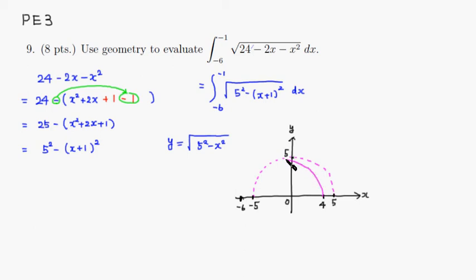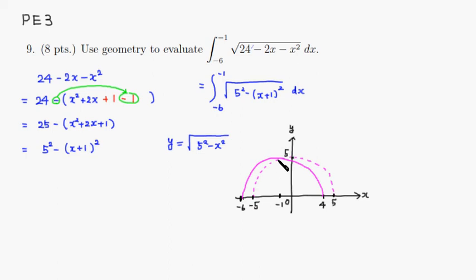It's going to look somewhat like that. Then the integral is from -6 to -1, so -1 is going to be right in the middle. So here's -1.